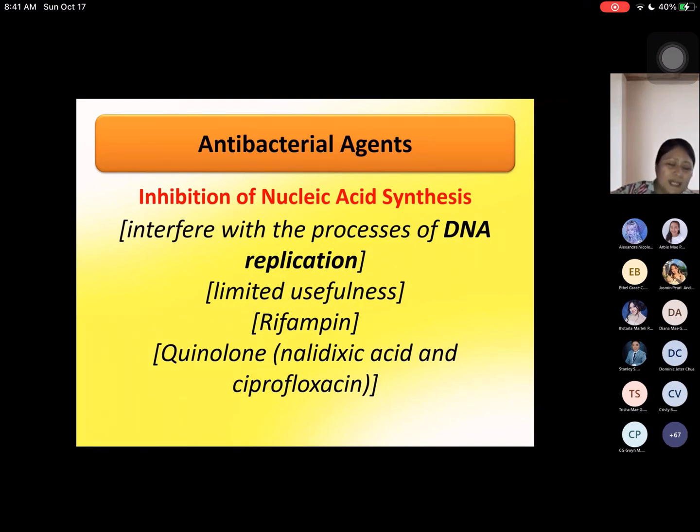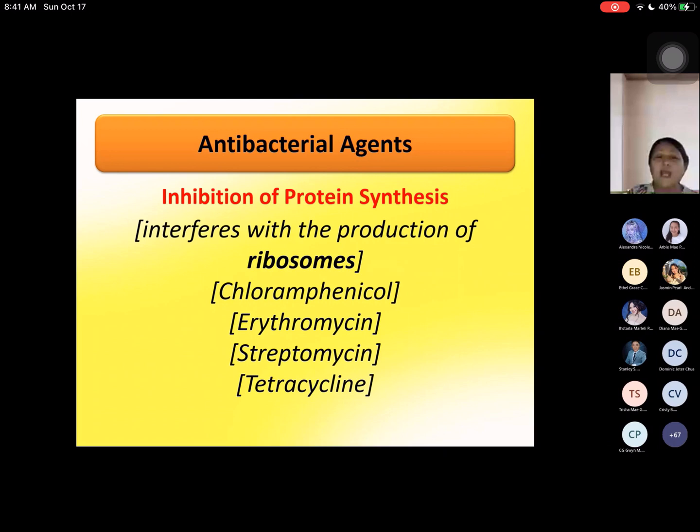Next is inhibition of protein synthesis. They interfere with the production of ribosomes. So why do these drugs kill microorganisms and not the host cell? Still remember that eukaryotes have different ribosomes. Eukaryotes usually have 80S ribosomes compared with 70S.